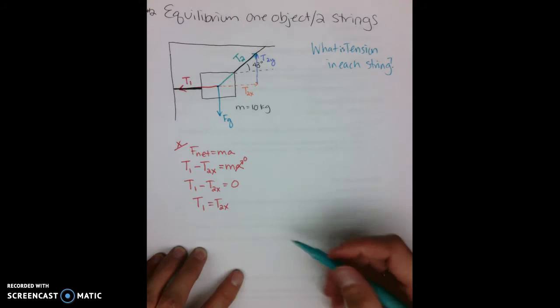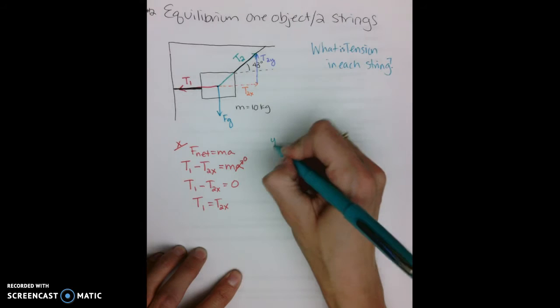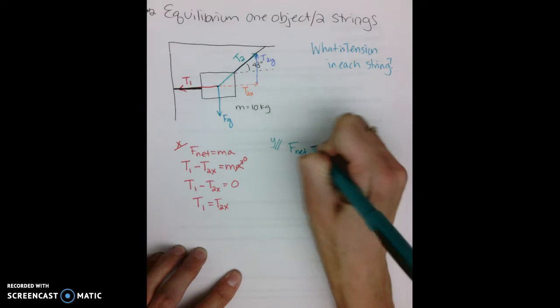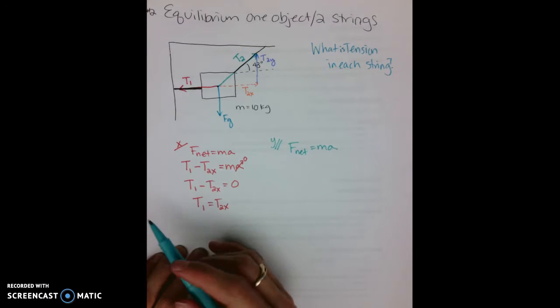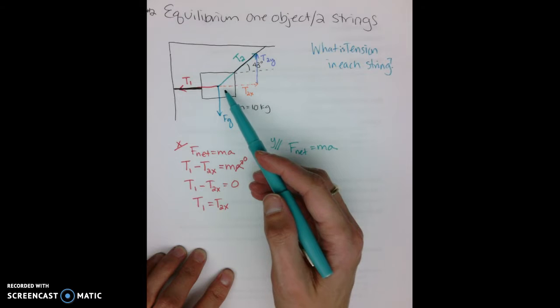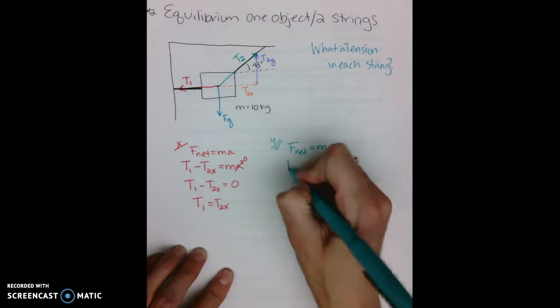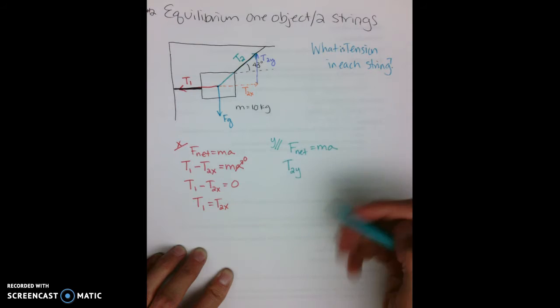Looking in the vertical direction, or the y direction, I'm going to apply the same F net equals ma equation, and I'm going to think about helping and hindering. What is helping hold the block up in the y direction? Well, that would be my purple arrow here, T2 in the y direction. And Fg would be hindering, trying to pull it down.